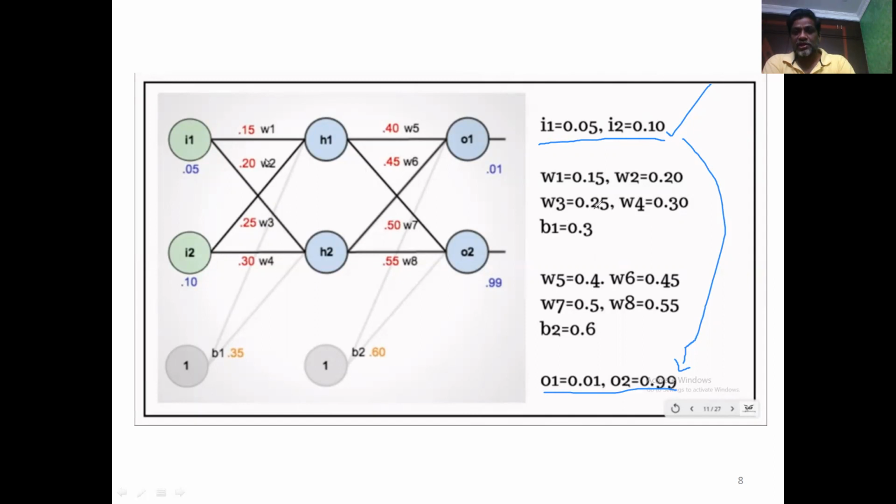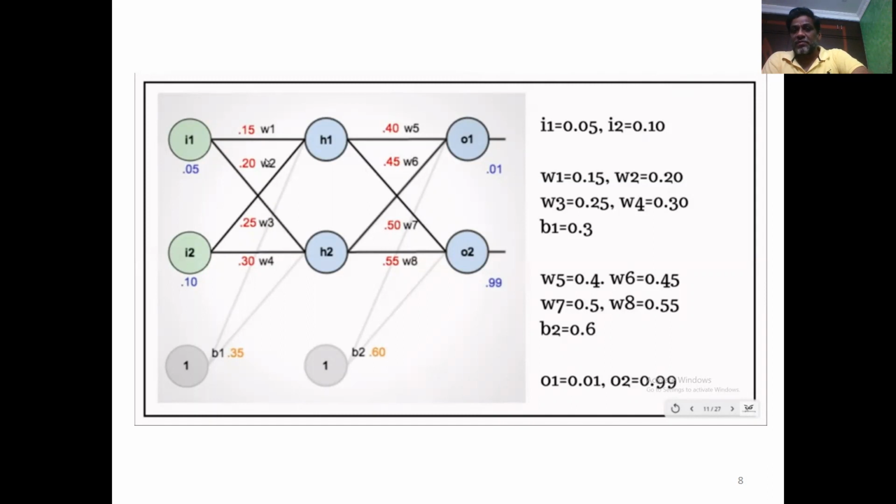Otherwise, you need to update these weights by using the backpropagation algorithm. Now let us see how it can be done. We all know that the backpropagation algorithm uses two passes. One is the forward pass, which calculates the actual outputs produced by your neural network, and the backward pass, based on whether the error is satisfactory or not.